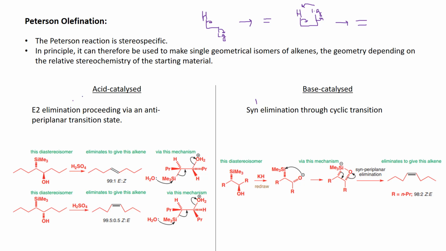So let's check the mechanism. E2 elimination proceeds via an anti-periplanar transition state. In the case of acid catalyst, this is the substrate for the Peterson olefination. You should have a silicon substituent just beside your leaving group. Here you have an OH, which is a bad leaving group.